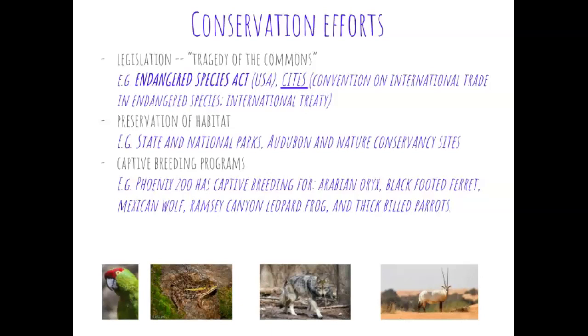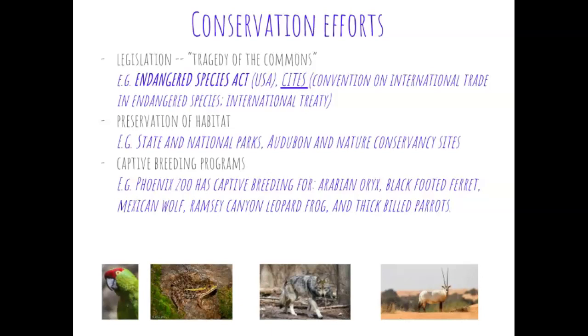There's also preservation of habitat in state and national parks, where those areas will be preserved so that they cannot be used for human purposes other than just enjoying them. And there are also societies like the Audubon Society and the Nature Conservancy that protect certain areas and different species and advocate for them.